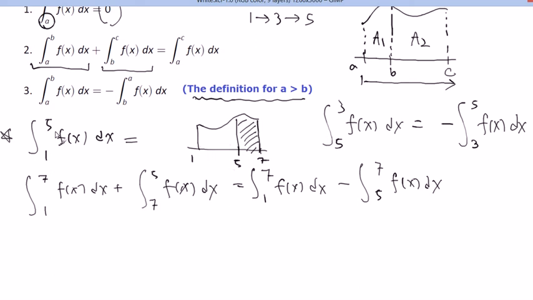And that's what this one is indicating. So therefore, this one is still okay. It doesn't matter if b is actually in between a and c, you can always write it this way. So you don't have to worry about how a, b, c are ordered. It's always true with this definition. Okay? That's the meaning of this nice property.